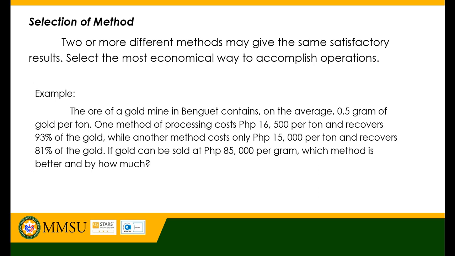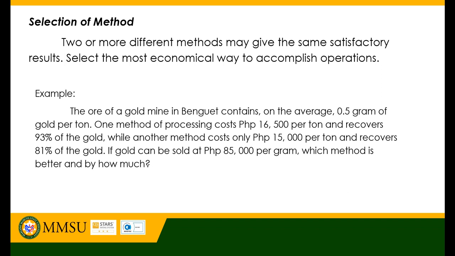The ore of a gold mine in Benguet contains on the average 0.5 gram of gold per ton. One method of processing costs 16,500 per ton and recovers 93% of the gold, while another method costs only 15,000 pesos per ton and recovers only 81% of the gold.